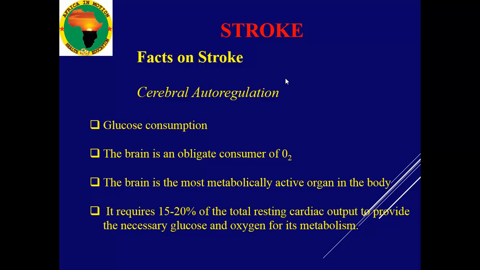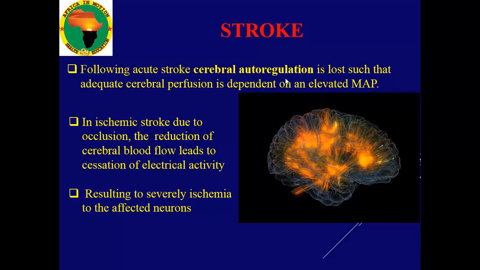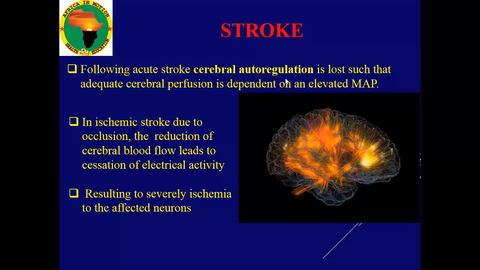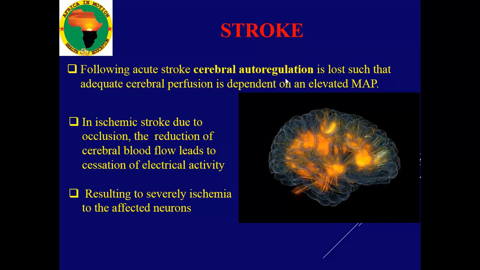It requires 15 to 20% of total resting cardiac output to provide the necessary glucose and oxygen for what? For its metabolism. For the brain to function well, to do the activities it's supposed to do, it needs 15 to 20% of cardiac output. The blood needs to reach the brain. Following acute stroke, cerebral autoregulation is lost.